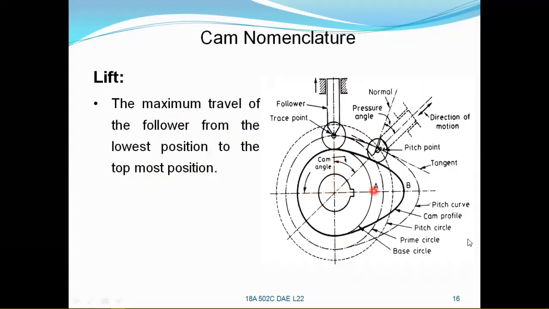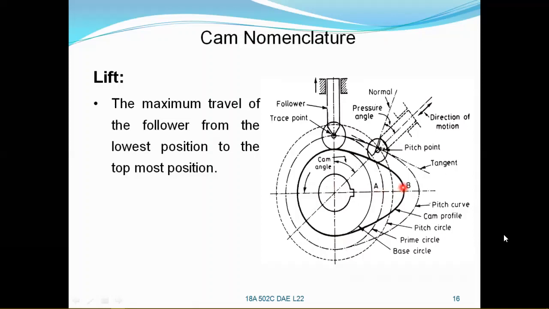If the roller is at this position, from here to here distance will be the travel of the follower. That means from A to B is the travel of the follower.